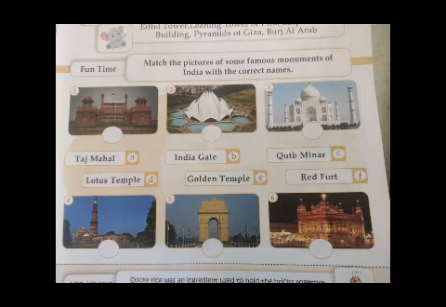In the first image, you can see a very famous monument and you can see the Indian flag. It is called the Red Fort. The Red Fort is a historic fort located in Old Delhi, in India, that served as the main residence of the Mughal emperors.